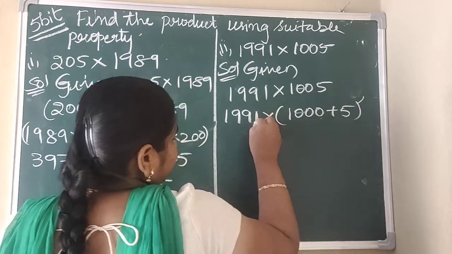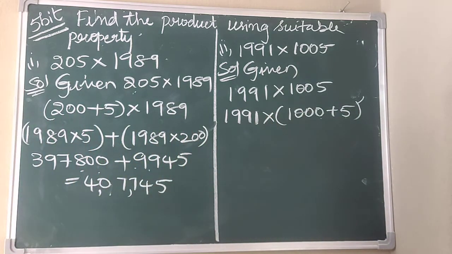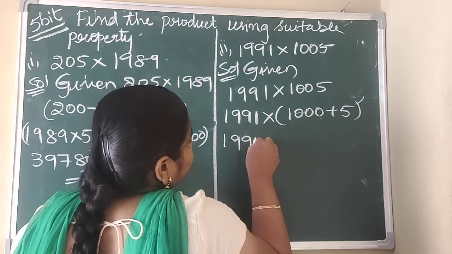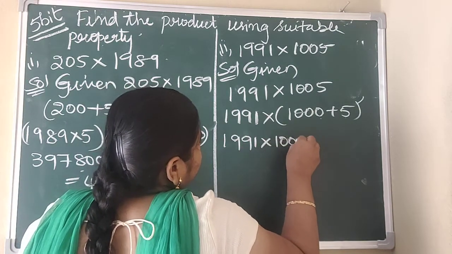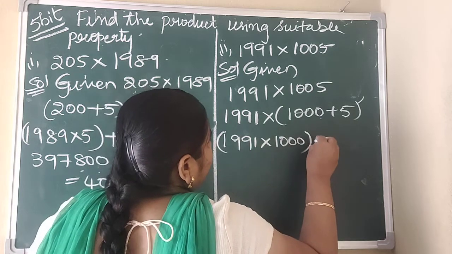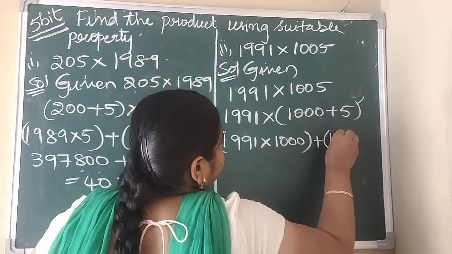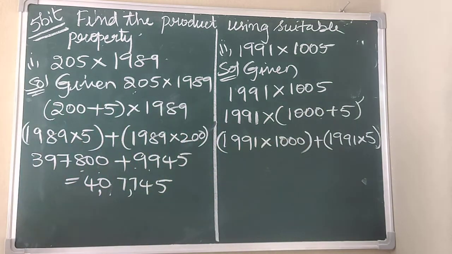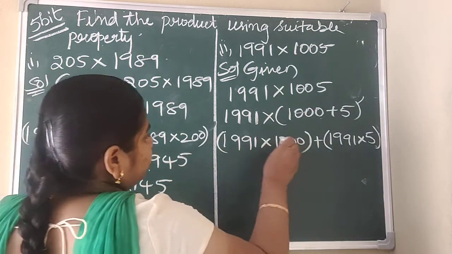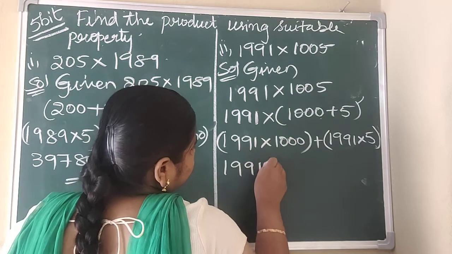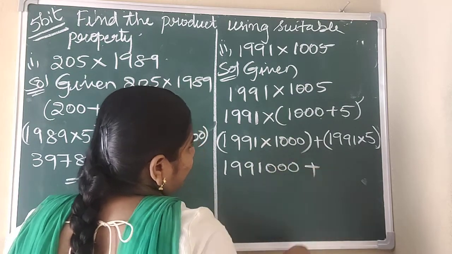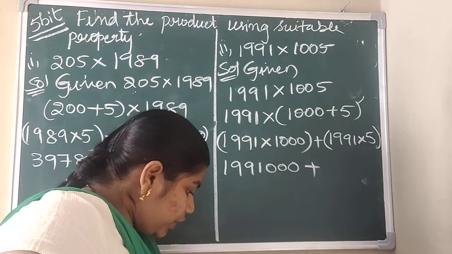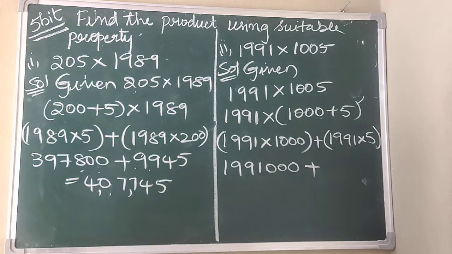So each and every term should be multiplied with 1991. So we can write in the form of into 1000 plus into 5. Okay, so if you multiply the first term, this will be 1,991,000 plus 1991 into 5.